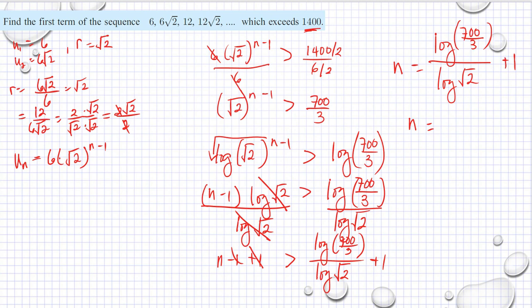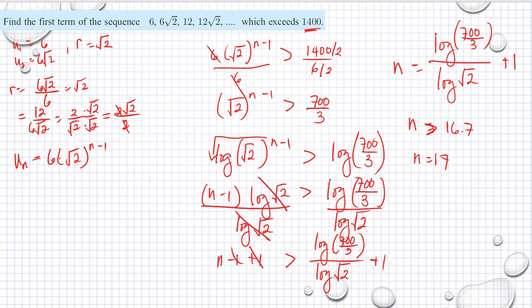So n is greater than 16.7. That means our n should be 17.